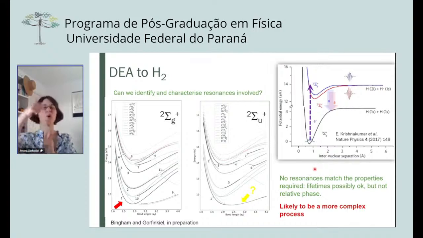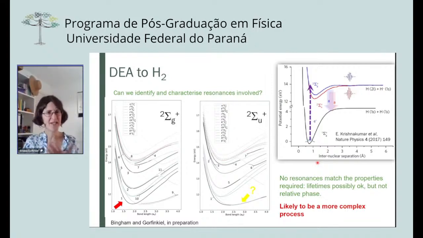This is why we see H- produced much more in one direction than in the other. For this to work, they did some semi-quantitative simple calculations, and they determined that the resonances needed were of sigma g and sigma u symmetry. They determined what kind of energy difference and what kind of lifetimes they needed to have.